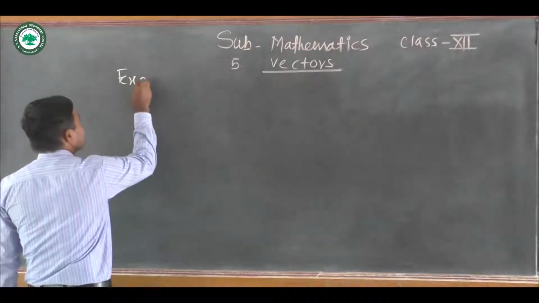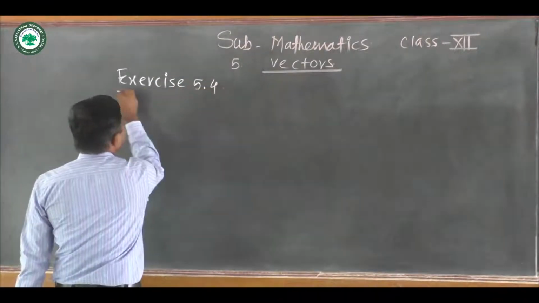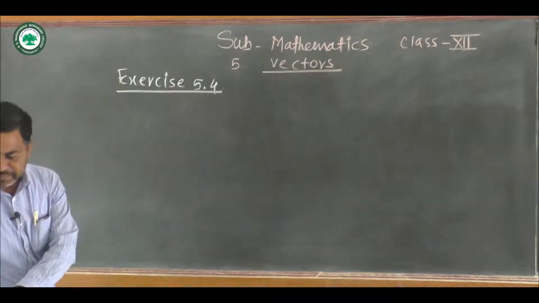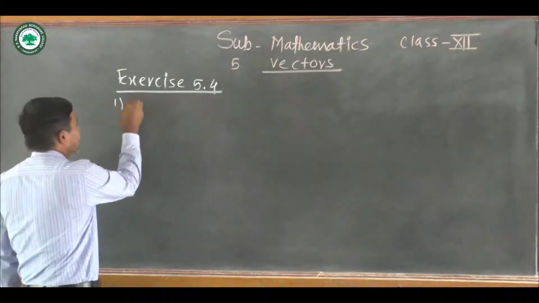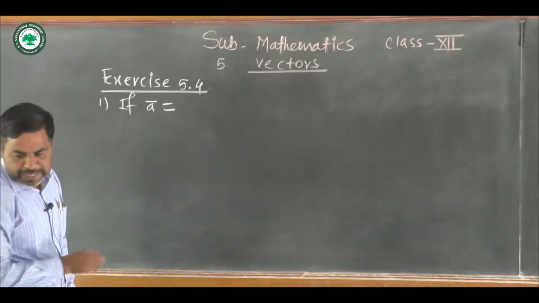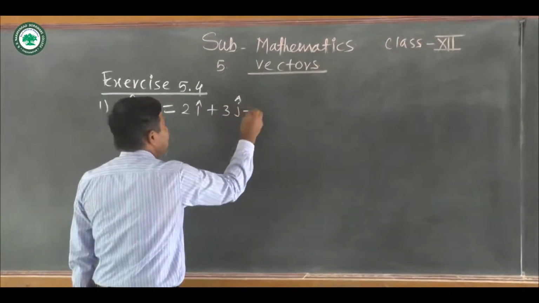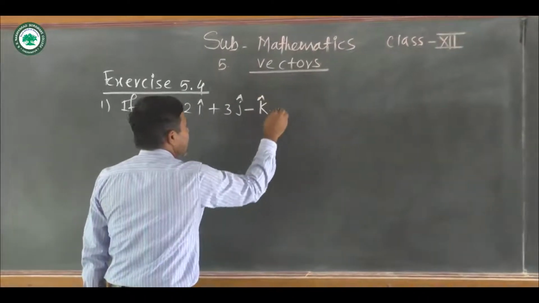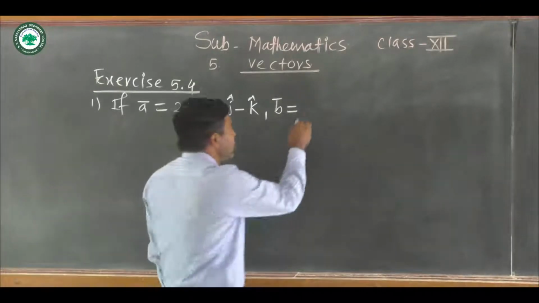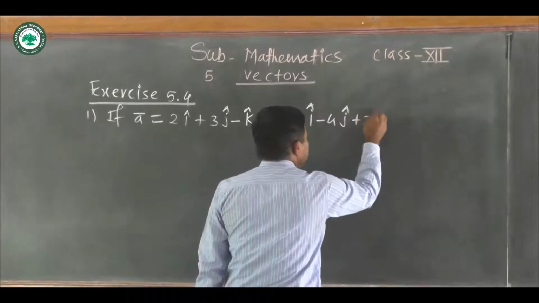Exercise 5.4. The first example is: if a bar is equal to 2i cap plus 3j cap minus k cap, b bar is equal to i cap minus 4j cap plus 2k cap.